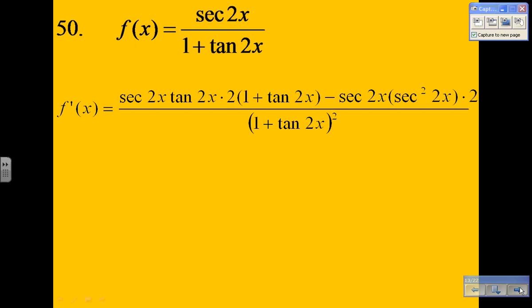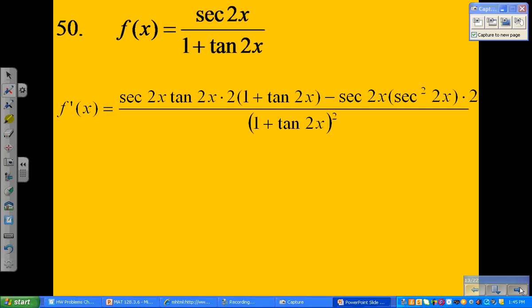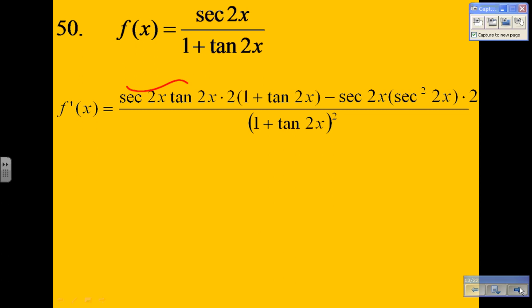Because when you take the derivative in the numerator, this first expression is the derivative of secant. This 2 is the derivative of 2x. Likewise, back here, the secant squared is the derivative of tangent of u, and the 2 is the derivative of 2x. Okay? So you have two parts.